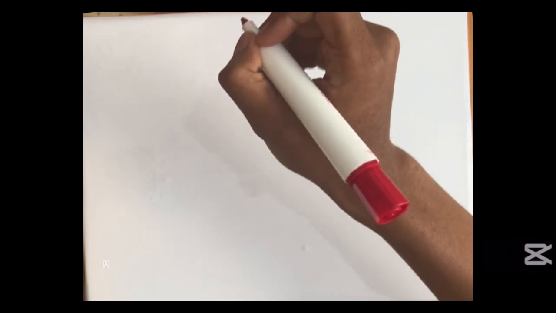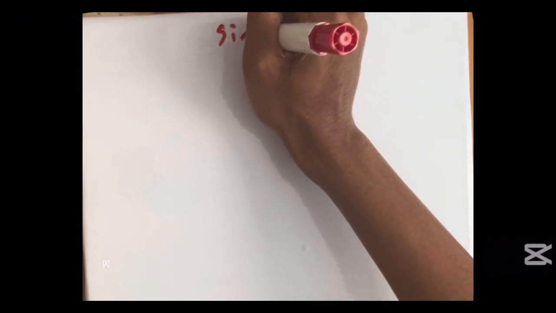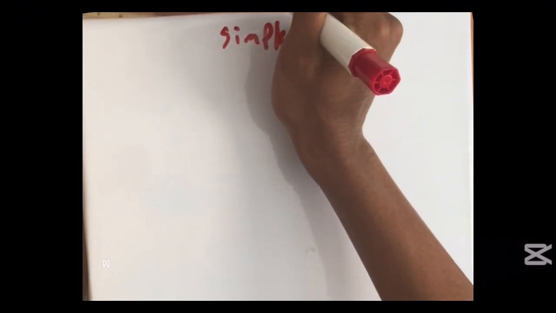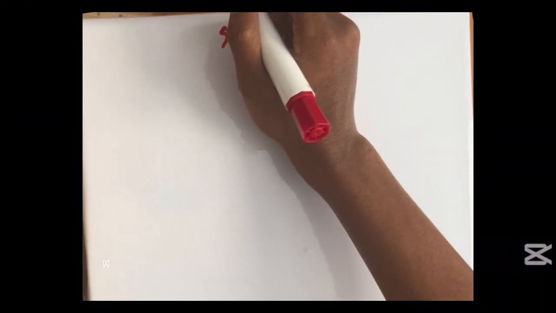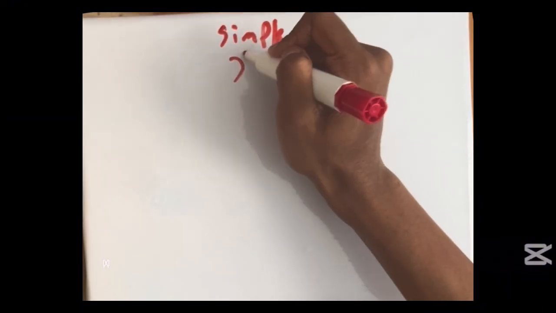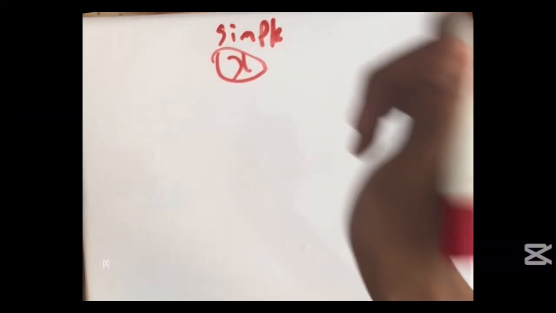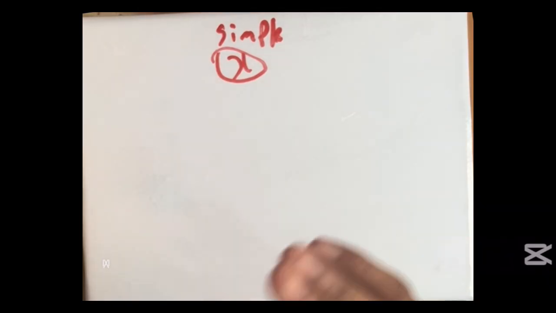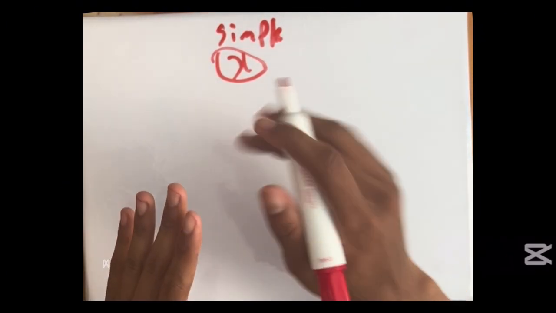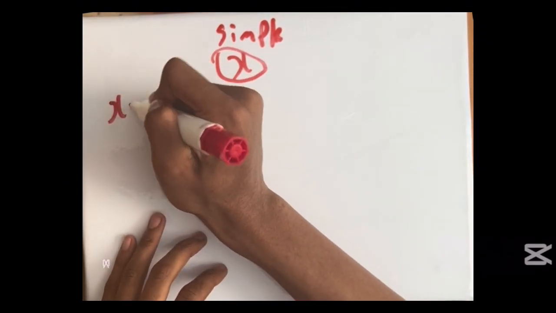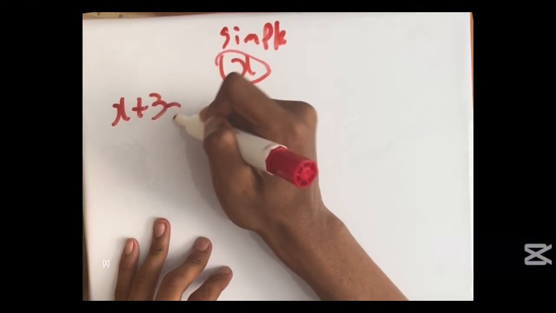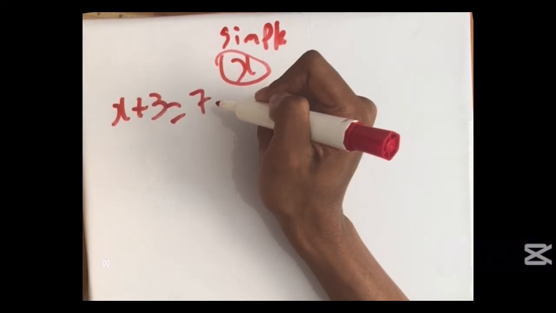Now, let's engage in some things that are more complex and more high school level, right? Let's solve simple equations with one variable. The variable is going to be x in this case, right? So let's say you had a pretty basic equation, such as x plus 3 equals, I don't know, 7, right?